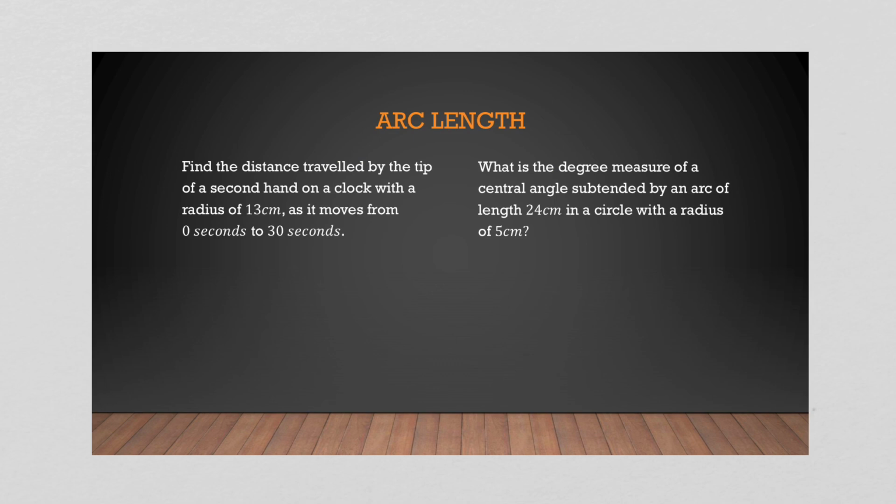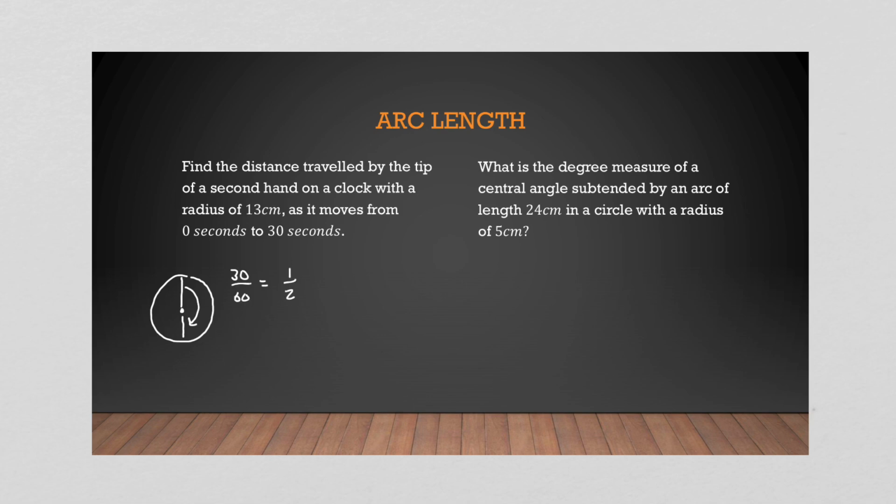So 2 more. Find the distance traveled by the tip of the second hand of a clock with a radius of 13 centimeters. This might help visually if you don't look at analog clocks anymore. The second hand is going to travel from there to there. How far has it traveled? Well, that's 30 seconds of a possible 60 seconds, which is half of a revolution.